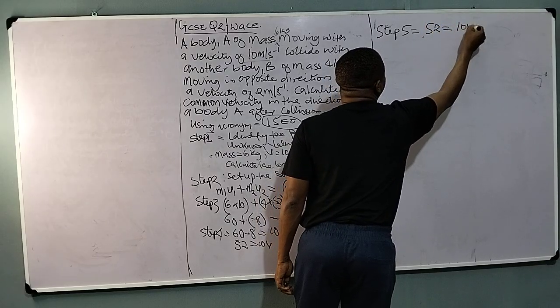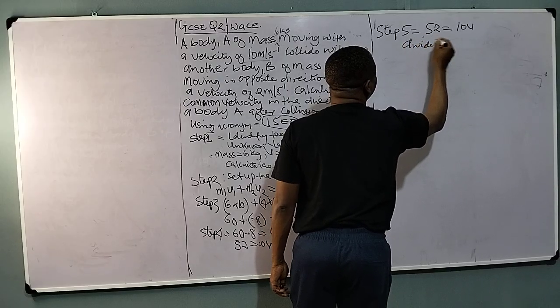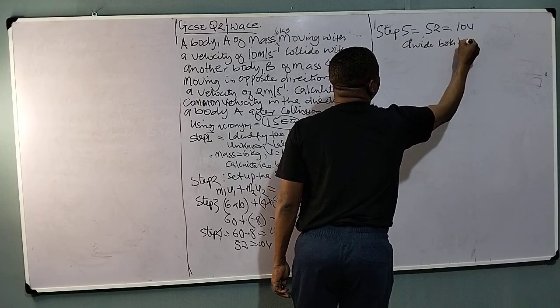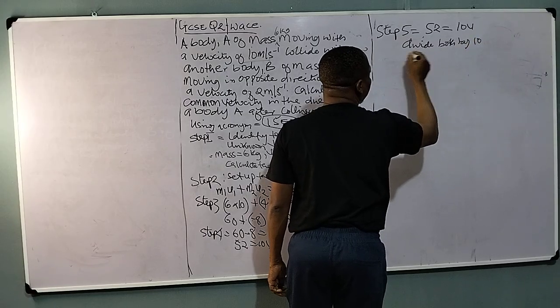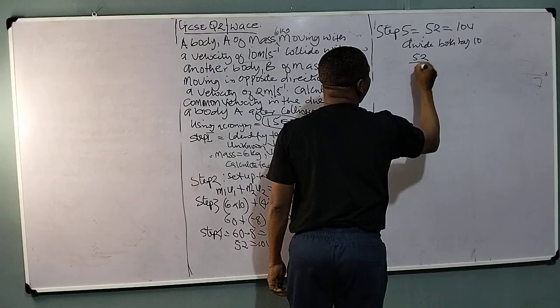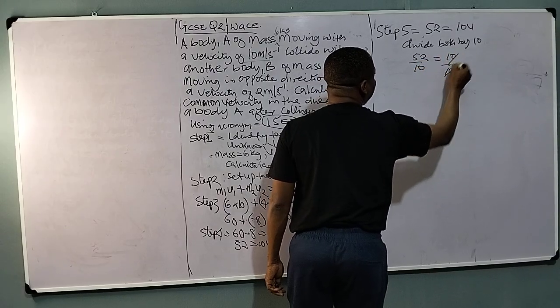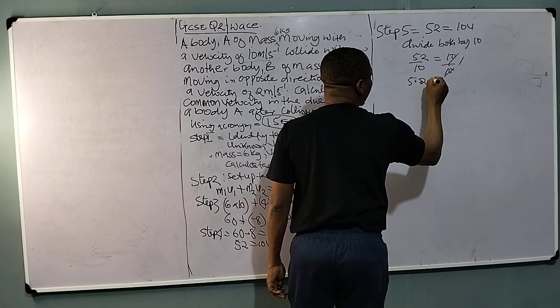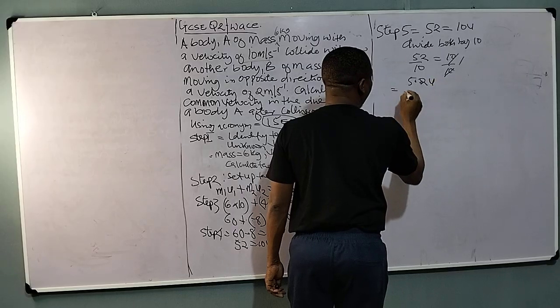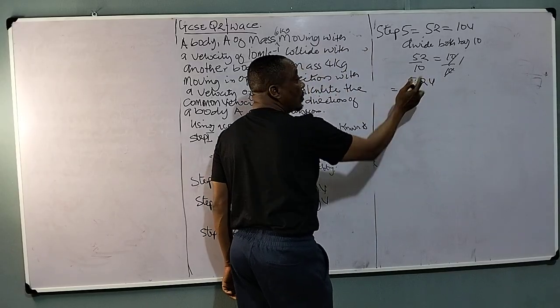Step 5 gives us 52 equals 10V. So we divide both sides by 10 to get the common velocity. This becomes 52 over 10 equals 10V over 10. 10 divided by 10 gives you 1. 52 divided by 10 gives you 5.2 V. It will not be V again because we are going to change this V into meters per second.